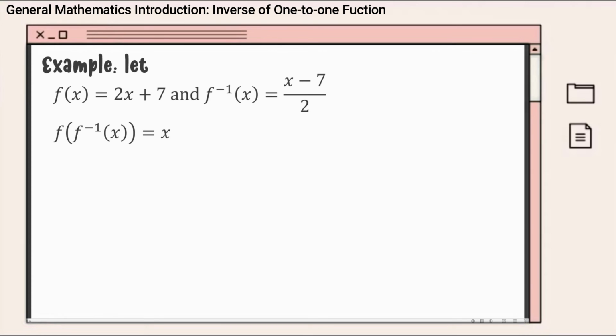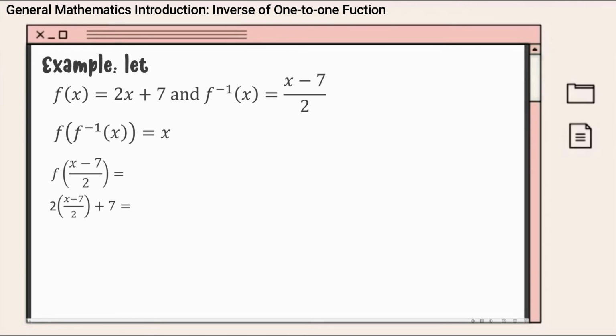The property is f of f inverse of x is equal to x. So we'll only substitute. So f of the quantity x minus 7 over 2 is equal to blank. So the value of f is 2x plus 7, so we will only substitute the value of x to x minus 7 over 2. So we have 2 times the quantity of x minus 7 over 2 plus 7.